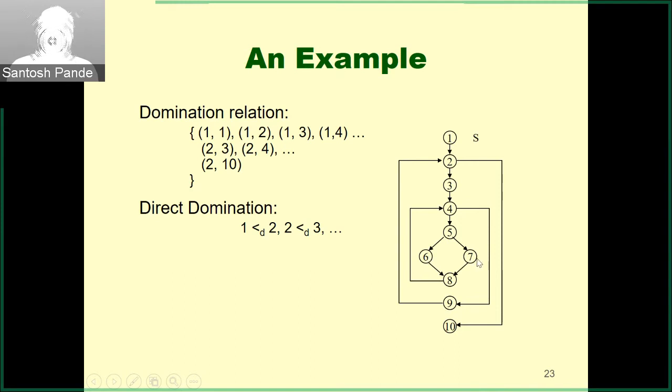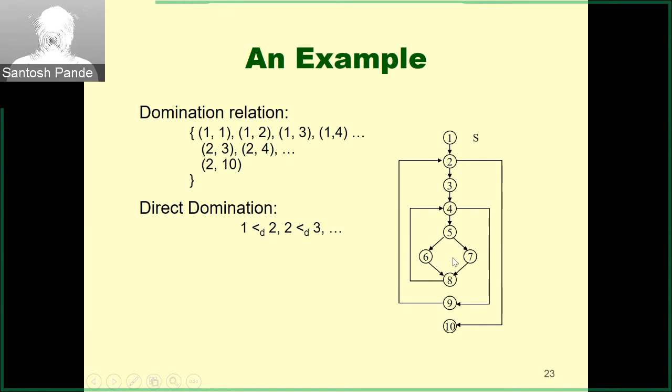The answer to that is no, because if I have to reach 7, I can easily find a path from 1 to 7 which never goes through 6. So it's not that every node tries to dominate the others. There are certain nodes here which dominate others, and you can see that 5 does dominate 6 and 7, but 6 doesn't dominate 7, and so on.